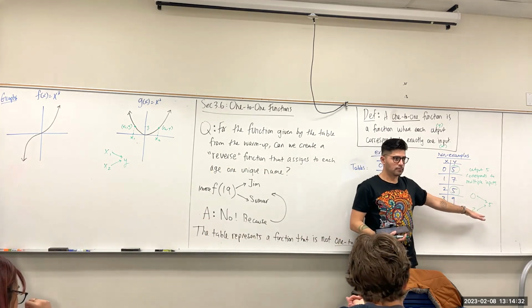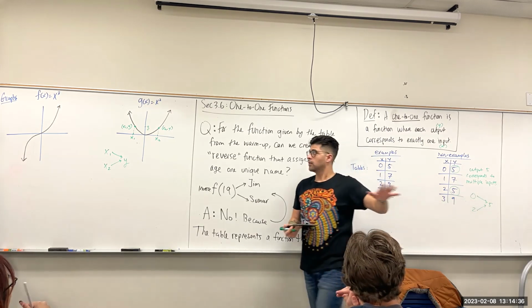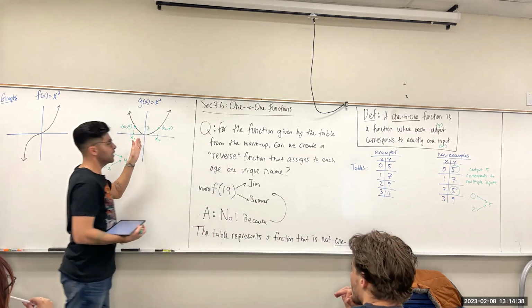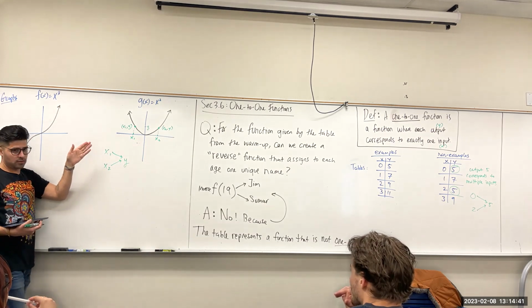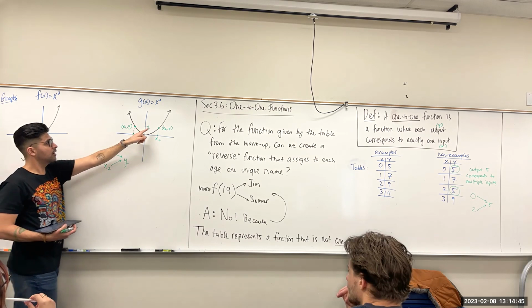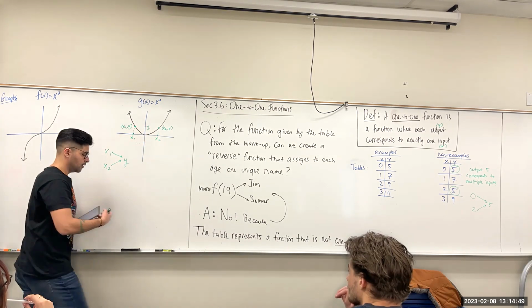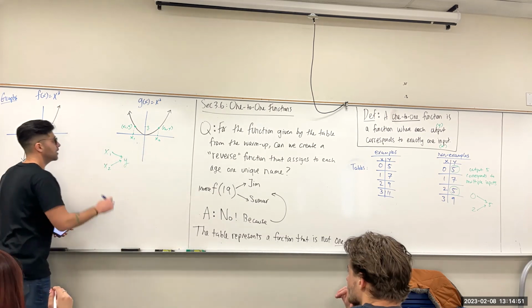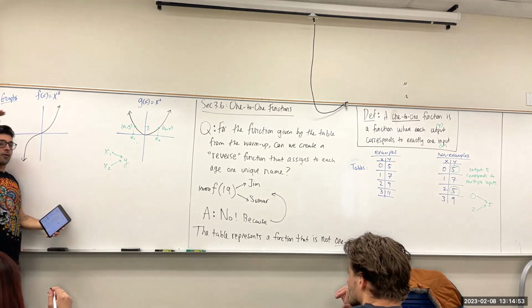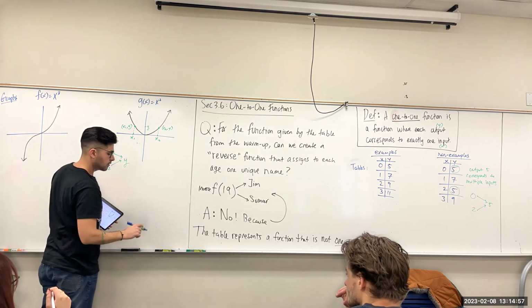Is that okay? So because of that, is it one-to-one? It is not one-to-one because of it. It is a function, it's just that you have a y value corresponding to multiple inputs. And as Rohan and Bobby were mentioning, there's this thing called a horizontal line test. Let me do a different color.